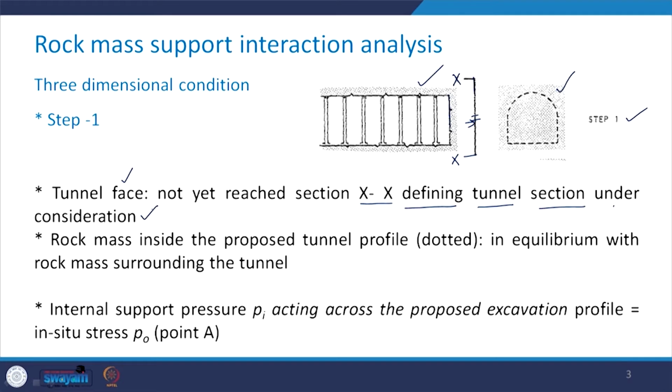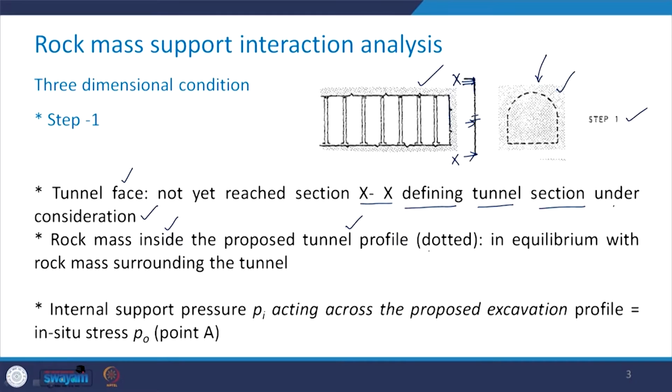That means whatever tunnel sections we are seeing in the different steps in this particular form, they are the view of the tunnel about this section XX, which is constant with reference to the advancement of the tunnel.